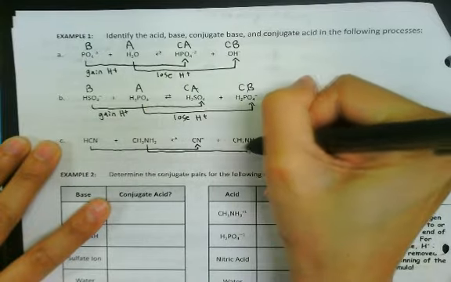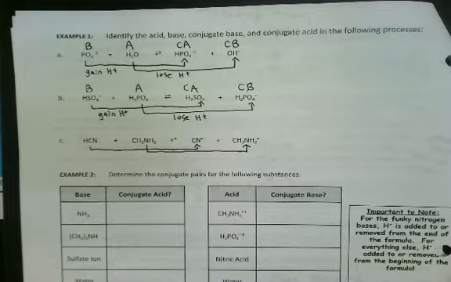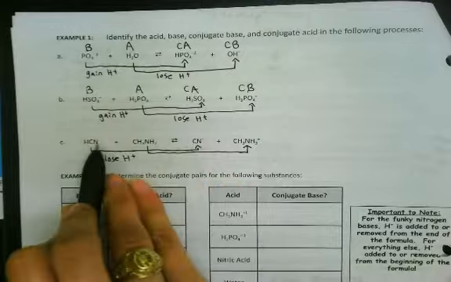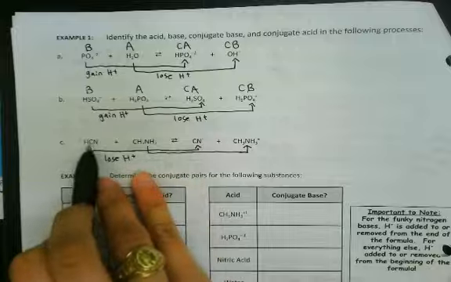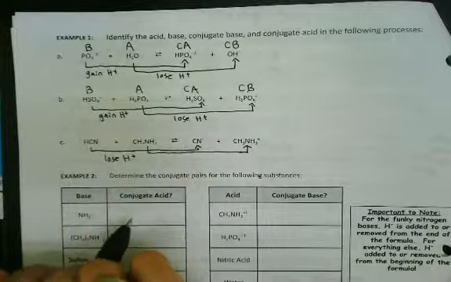Hopefully you identified these as your pairs. Going from HCN to CN minus, are we gaining or losing an H plus? We are losing an H plus from HCN to CN, now negatively charged. Notice that losing the proton, we now have an excess of negative charge.